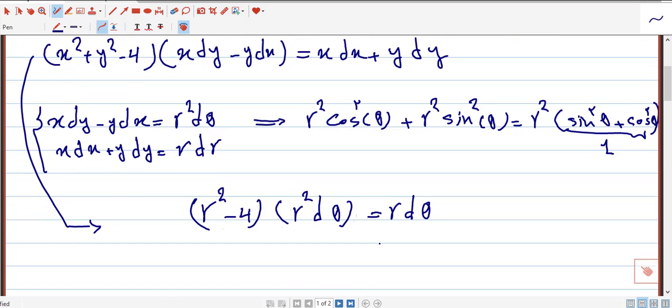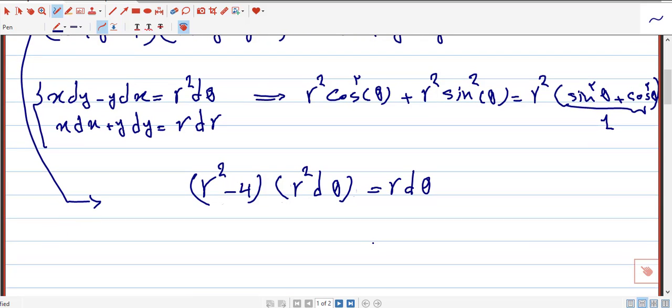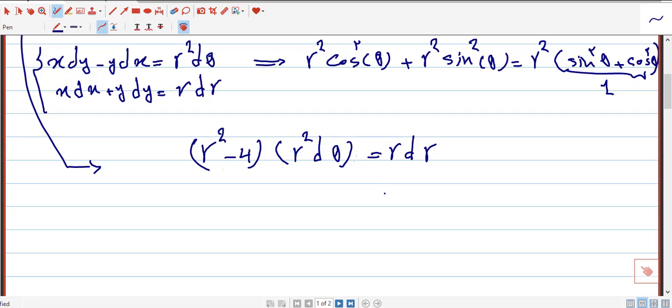Sorry, this is dr, I'm sorry, dr. Now I'm going to try to have one variable on one side of the equation and only one variable on the other side. So I have to move this part of the equation to the other side.